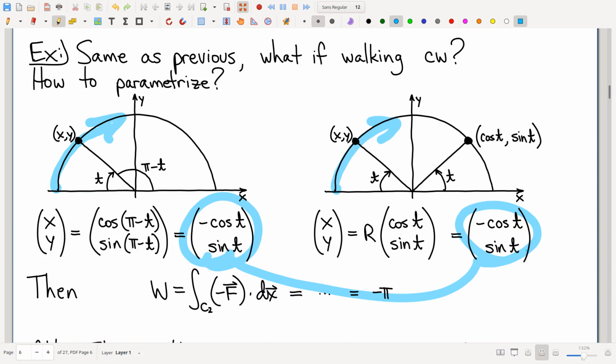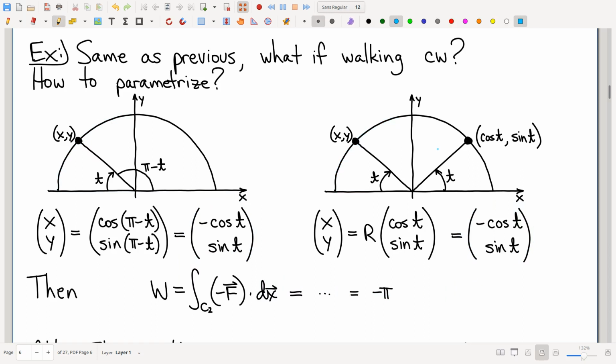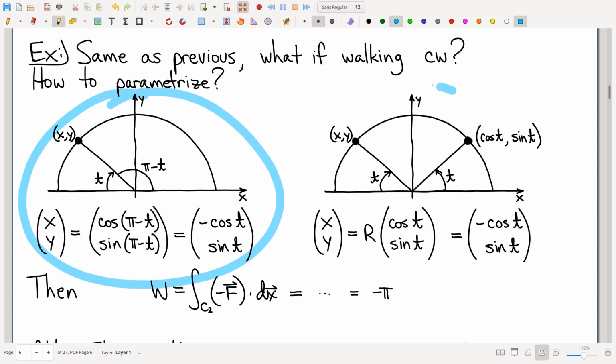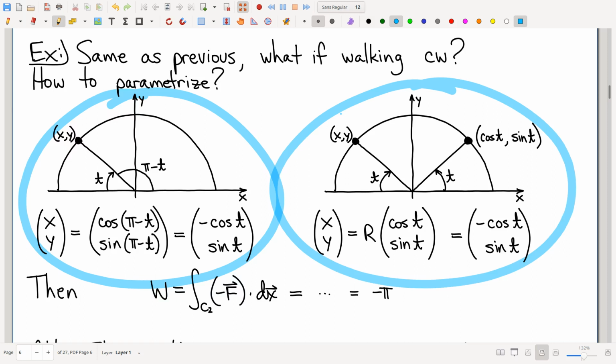By the way, I've made this observation before. This is the tools for your toolbox metaphor. Yes, we got the same parameterization two different ways. Remember, your focus in times like this is not on what is the answer, but the focus should be what were the ideas that allowed me to reason to the answer in this case? So tools for your toolbox.